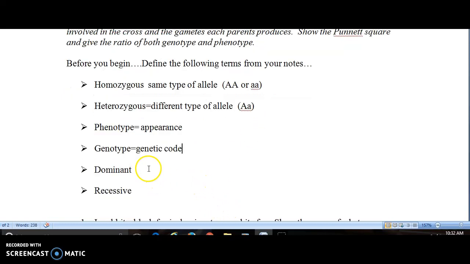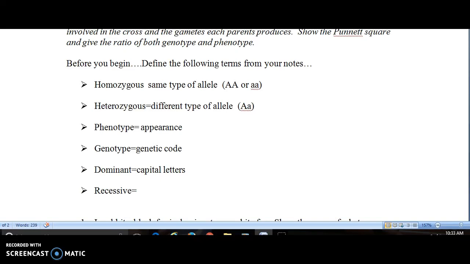Usually in problems we have dominant or recessive types of traits. Dominant traits are represented by capital letters, and that would be like a code, like a capital A for your code. Dominant traits are usually the most common traits. They show up the most in the general population.